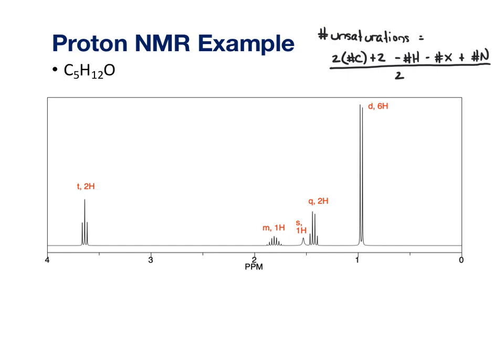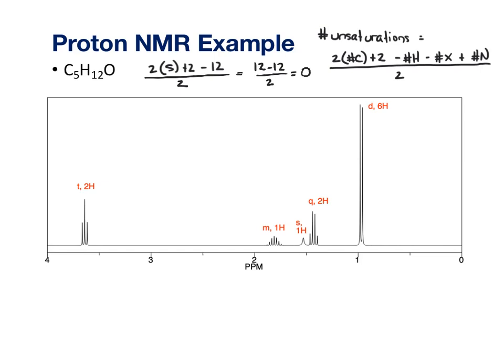So in this case, we have 2 times 5 carbons plus 2 minus 12 hydrogen. There's no halogen, no nitrogen, oxygen we ignore. Divide that by 2. So we get 12 minus 12 divided by 2, 0. There's no unsaturations here. So no rings, no double bonds.